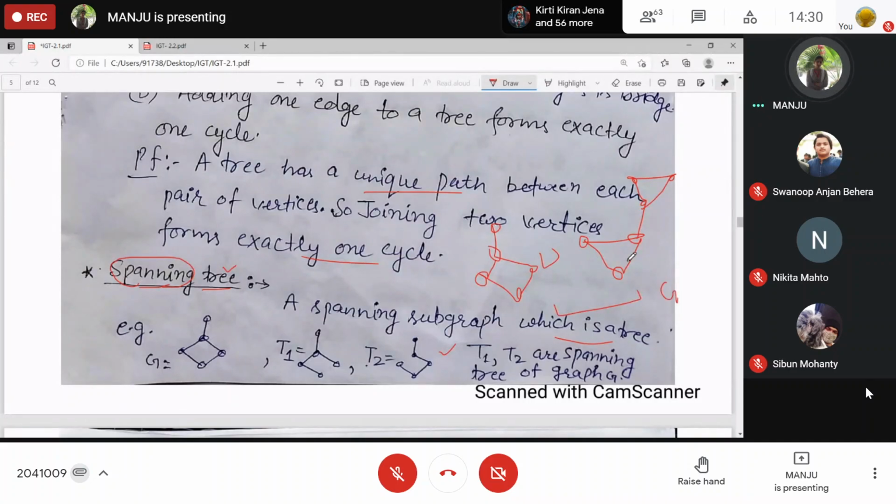You have G containing these two graphs. Does there exist any spanning tree? Can you find a spanning tree for G?